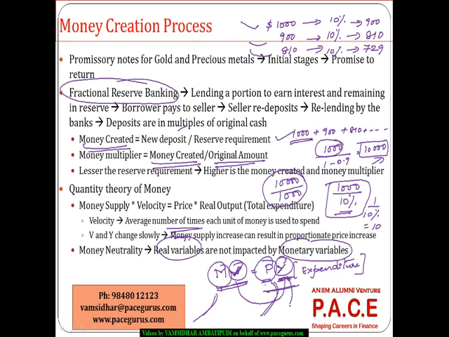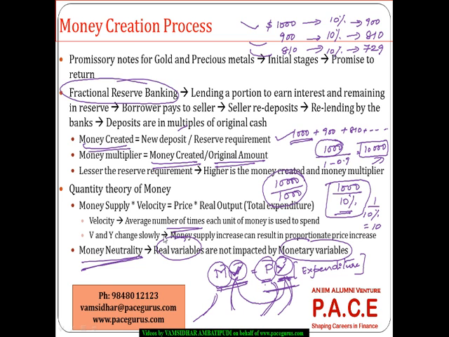But output is not a monetary variable, it's a real variable. And velocity of usage is also a real variable. So real variables should not be impacted by monetary variables, which is given by the fundamental of money neutrality. Right? So this is the basics of the money creation process, which we need to be comfortable with.